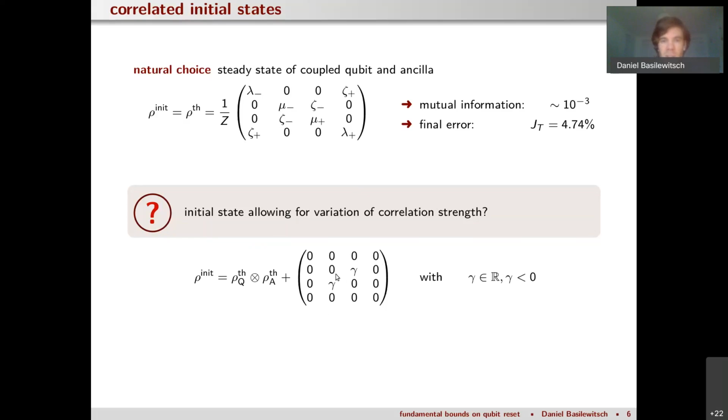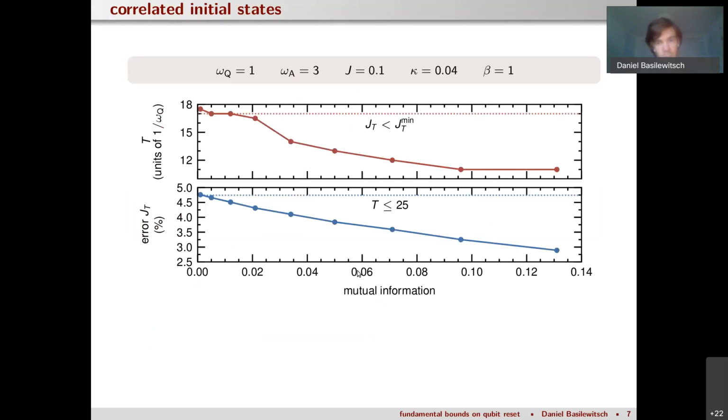So we were motivated to take this state as a good way to increase the correlation strength smoothly. This is nice, and it has also the advantage that if you take the reduced states of qubit and ancilla from this initial state, the reduced states are unaffected by the choice of gamma here. So it's not that you're simply increasing the purity of the qubit and ancilla initially. It's really only adding correlations between both systems.